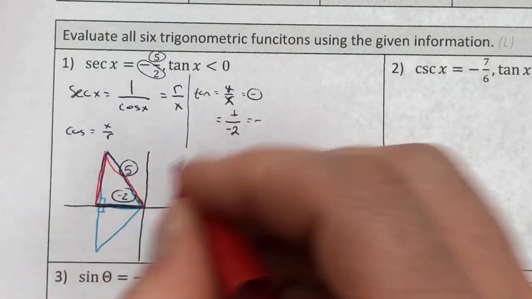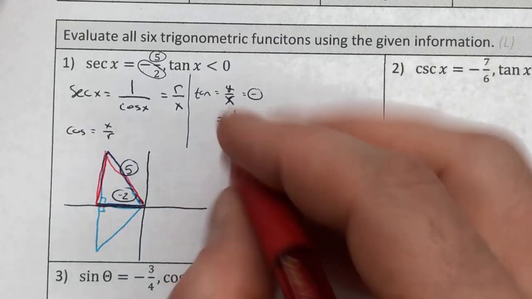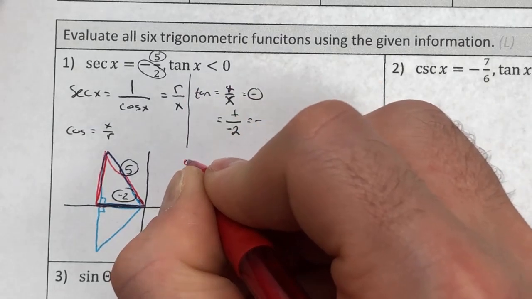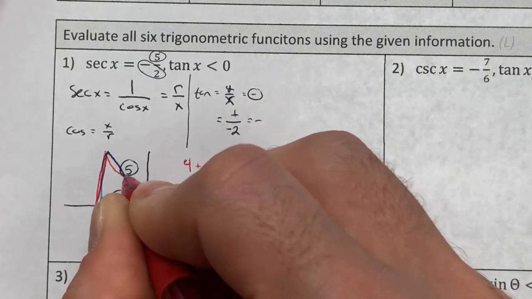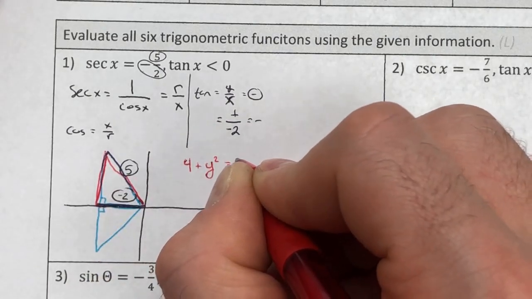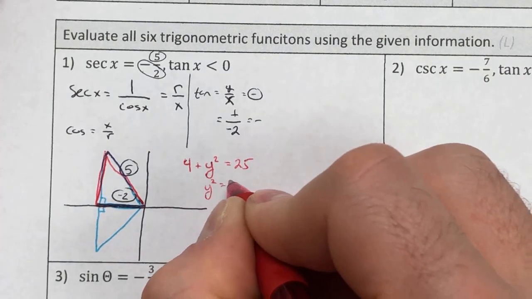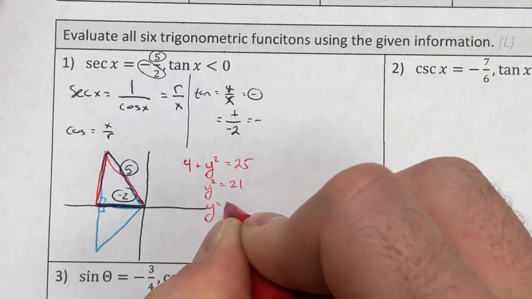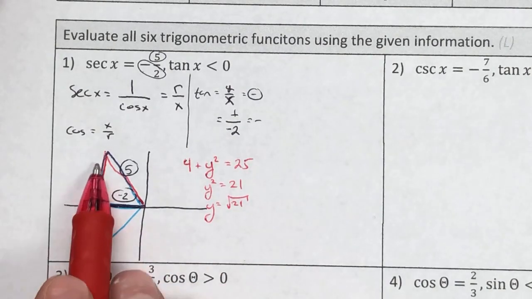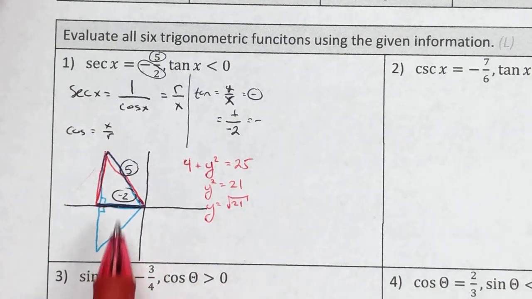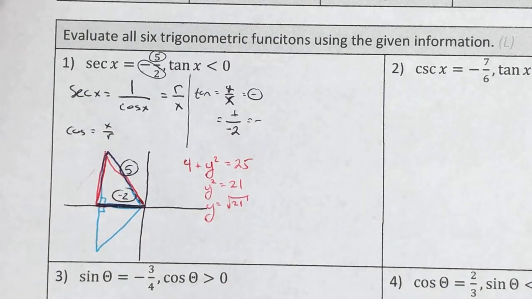I'm going to set up the Pythagorean theorem. a squared plus b squared equals c squared, which means that my a squared is going to be -2 squared, plus my b squared, which is y, equals my c squared, which is 5 squared, which is 25. Subtract the 4. y is equal to the square root of 21. Now I know it could be either the positive or the negative square root of 21, but I'm not concerning myself with the negative, only with the positive.